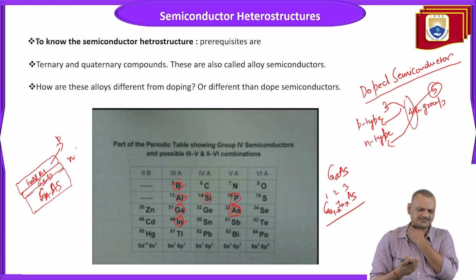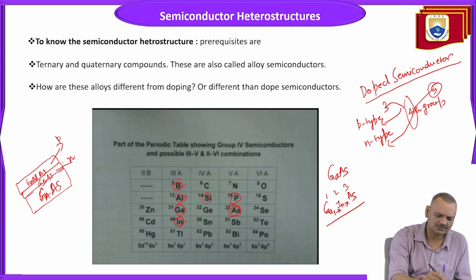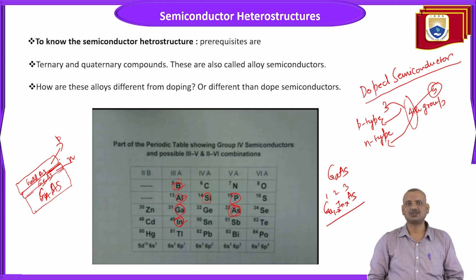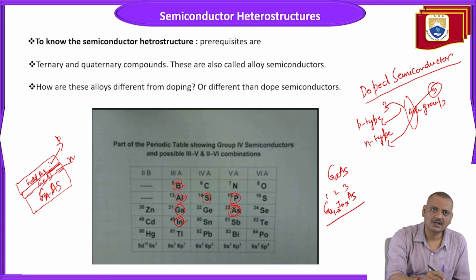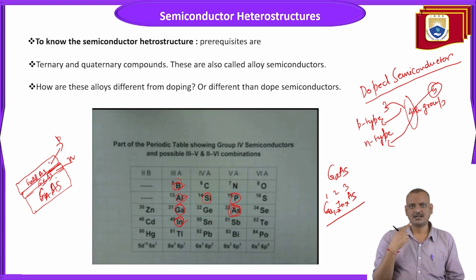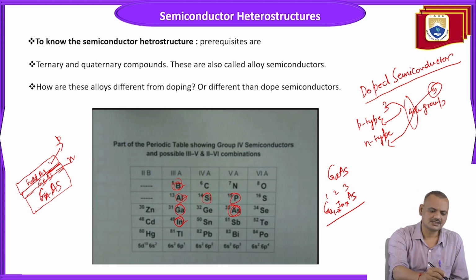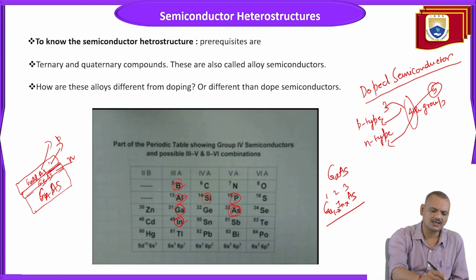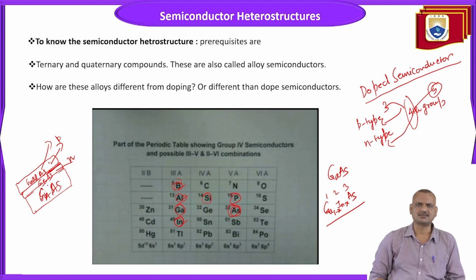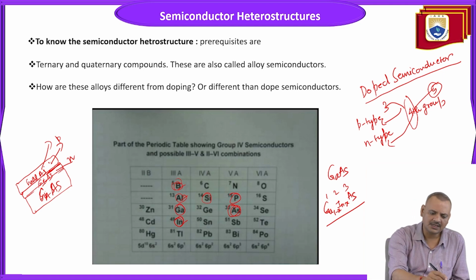So this junction is behaving like a PN junction, and these two layers are made with different kinds of material. The first layer is gallium aluminum arsenide, the second layer is gallium indium arsenide, and these materials also have different band gap values.